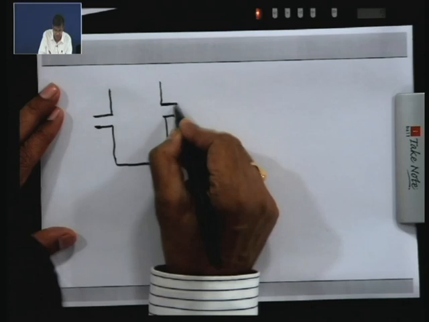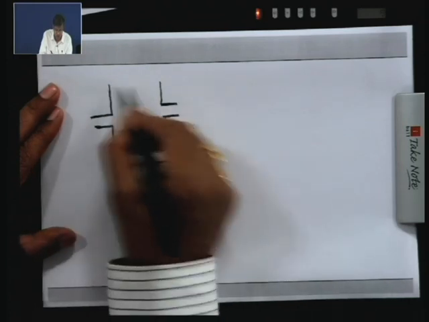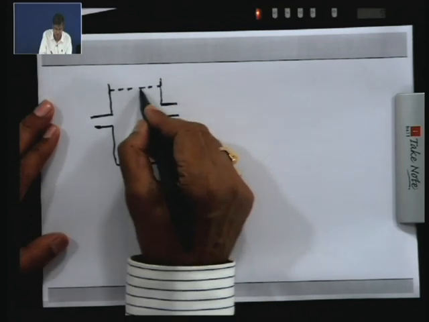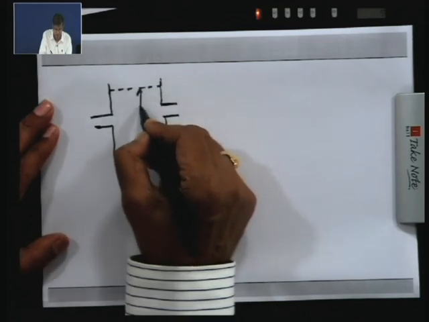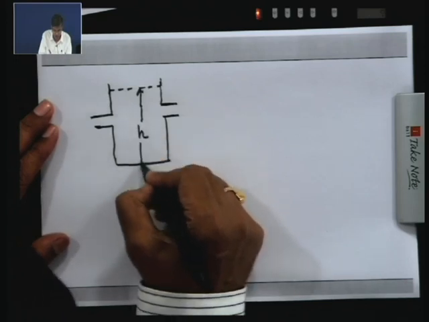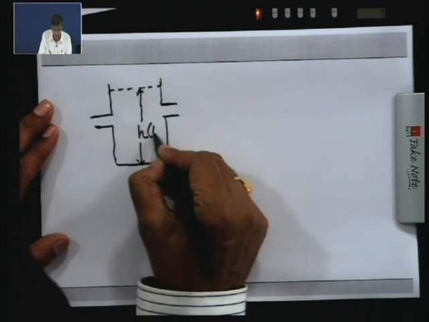Let us consider a tank like this, which at any instant, an unsteady problem, has height h, which is a function of time. Why?